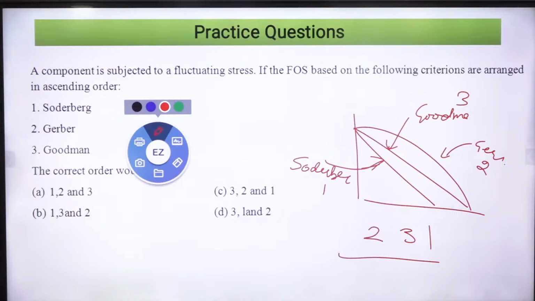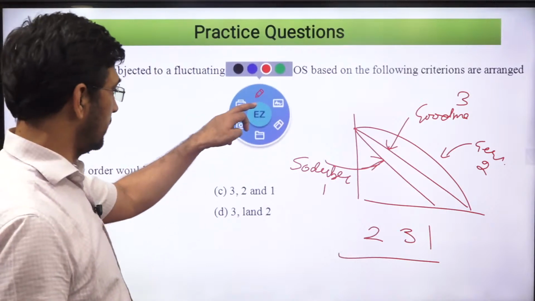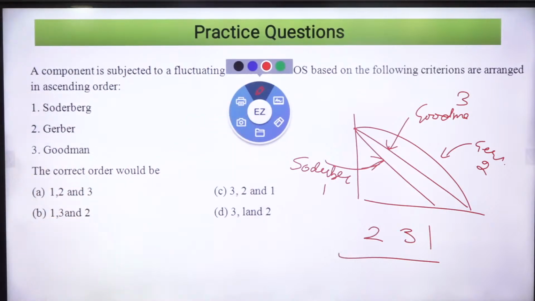So Gerber should be 2, least, then Goodman 3, and then 1. So this should have been 3 2 2 3 1 2 3 1 1 2 3.